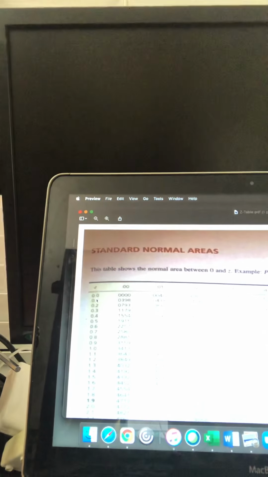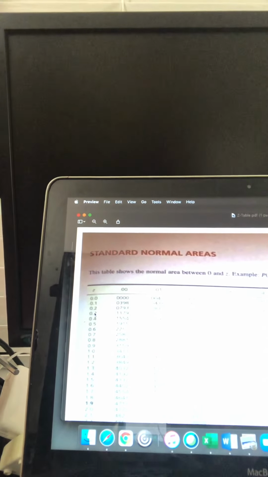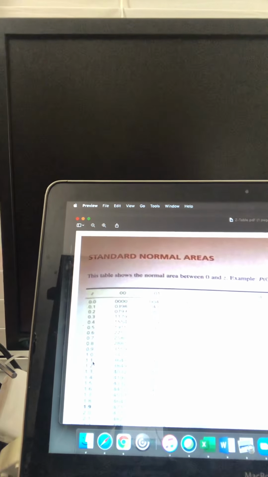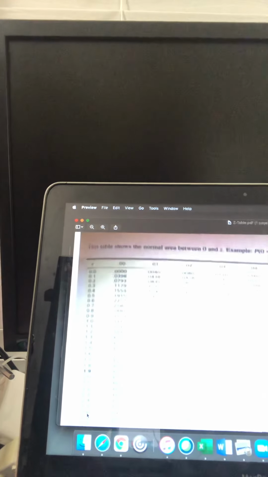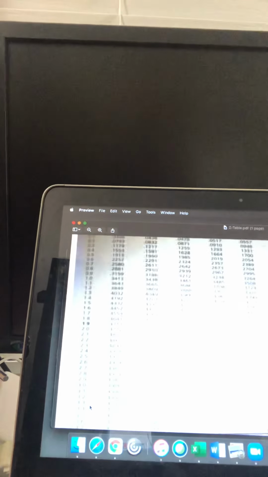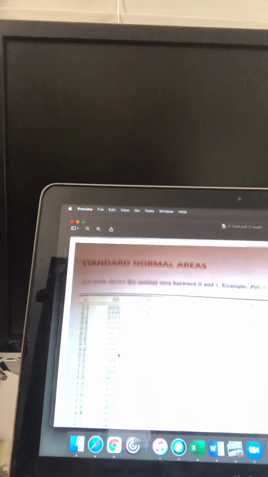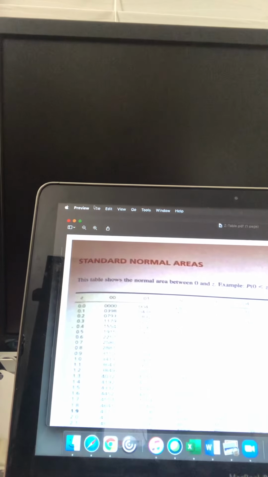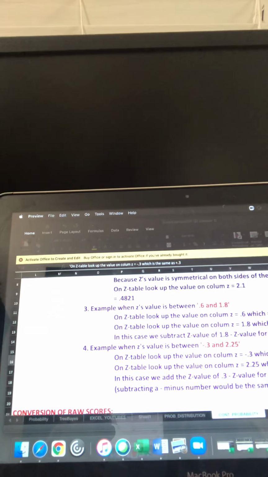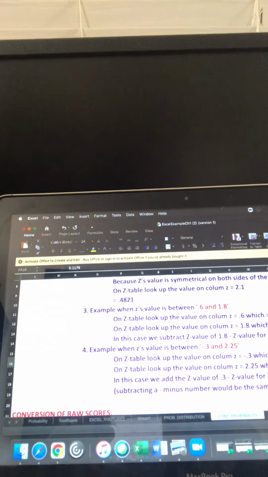But for 0.25, what ends up happening is we have to look down at this column and find out what that value is and add it on. So for 0.3 is 0.1179.